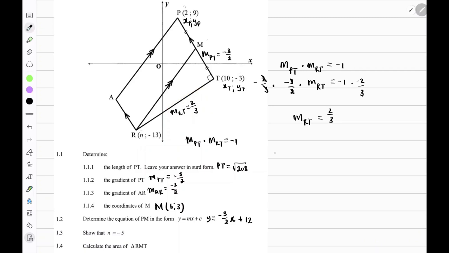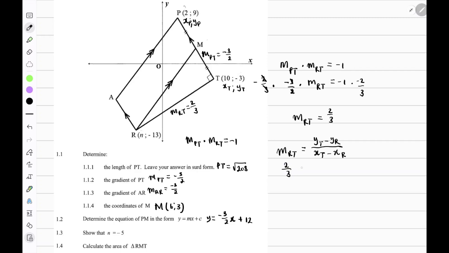So we can say that MRT is equal to change in y, which is yt minus yr, over change in x, which is xt minus xr, and we have the gradient of RT to be 2 over 3, so we can substitute it.